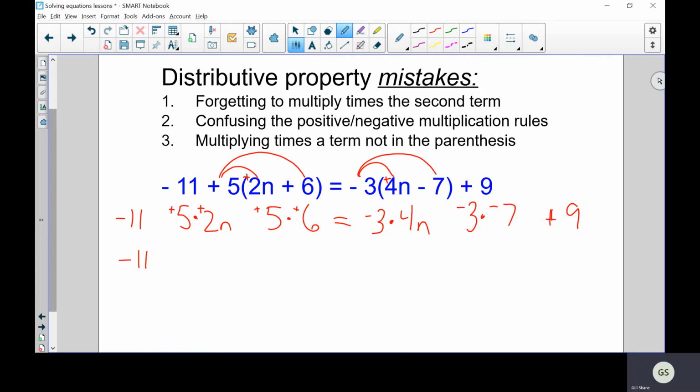Positive times a positive, so all of these are just going to be positive, so the left side should be pretty easy, like I said, but I do want to make that an addition sign now. So when I get a positive answer in this step, I'm going to go ahead and write it as addition. And then this would be positive times positive. So I get positive 30, which I write as plus 30.